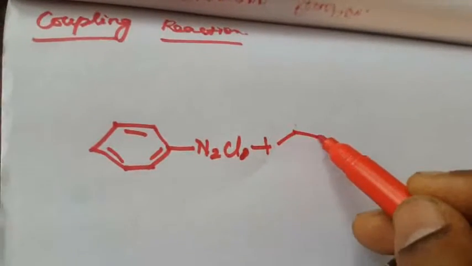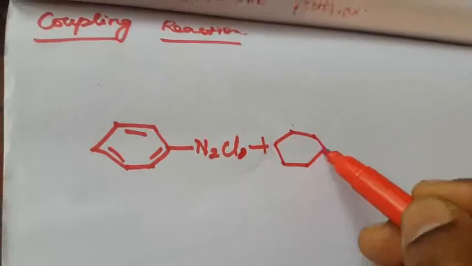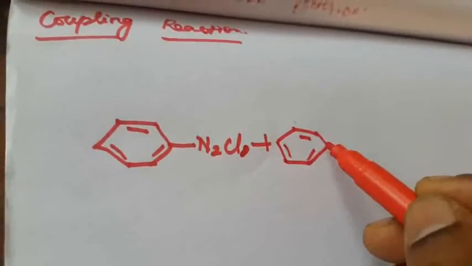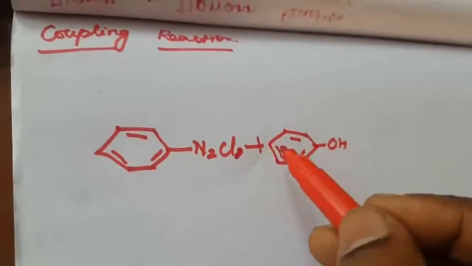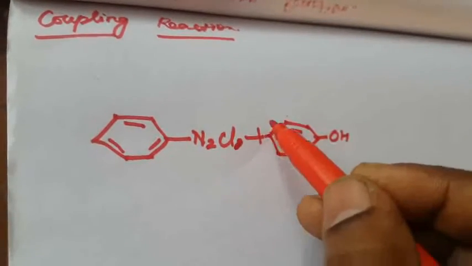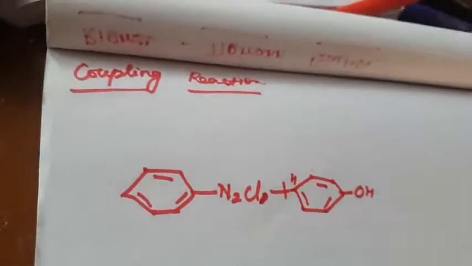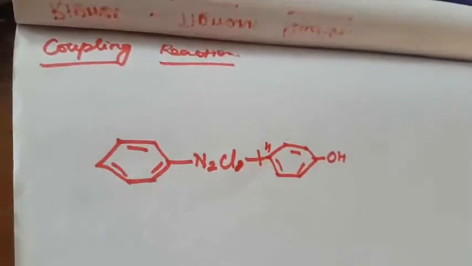2 molecules of phenol. This is phenol, right? So here you understand that an H will be there. Okay, so how to remove this? HCl will be removed.